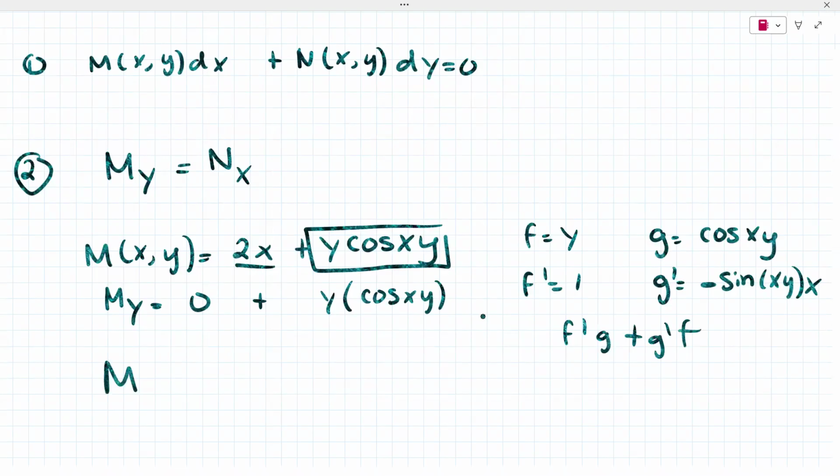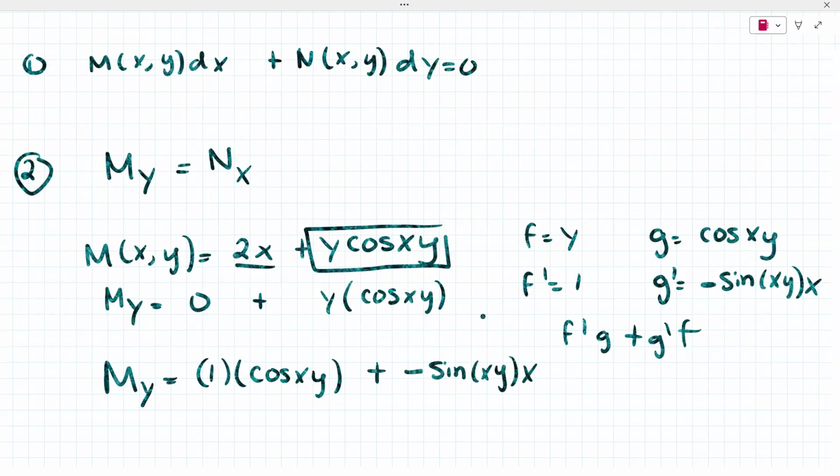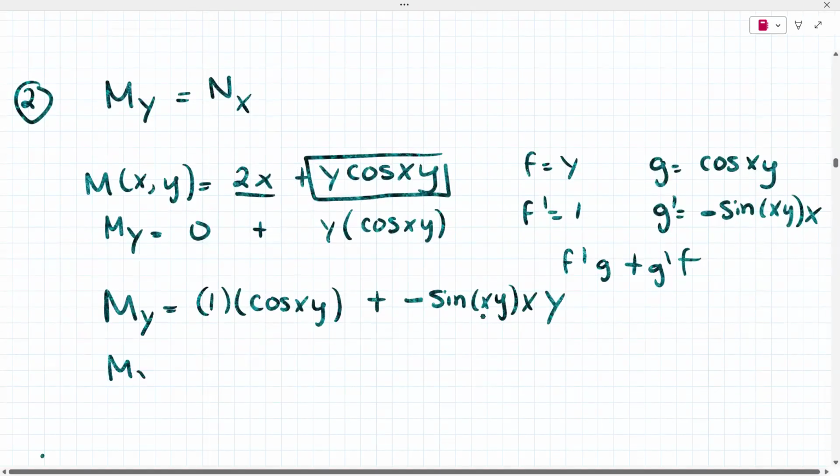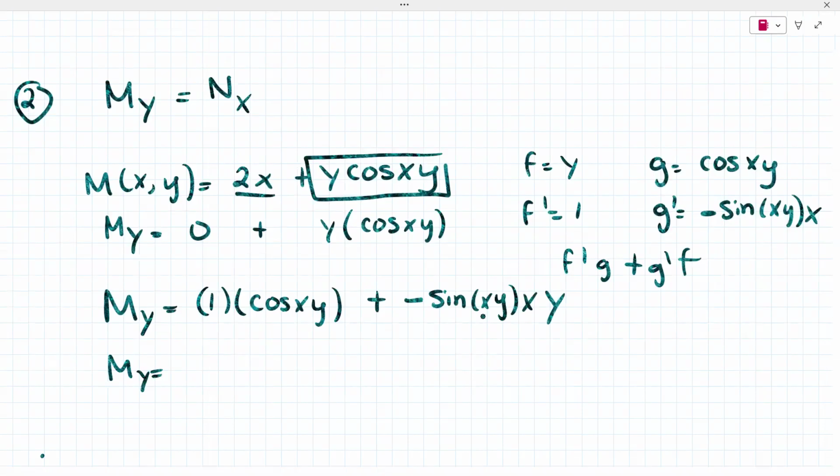So M of y is equal to 1 times cosine of xy, plus negative sin of xy times x, times y. If you clean that up, we could put this in front, so this would be negative xy sin of xy plus cosine of xy.